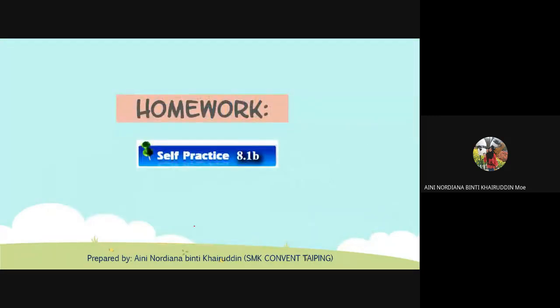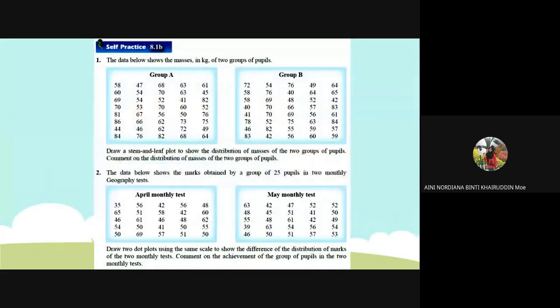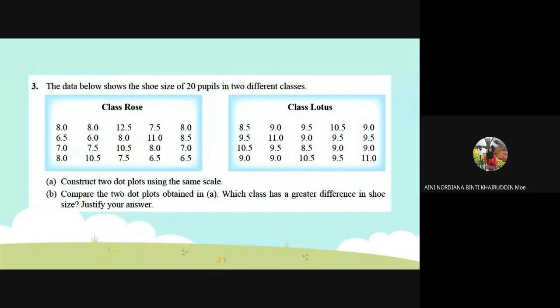Macam tu lah. So untuk soalan 2 tu komen macam tu, sebab ditanya on the achievement. Lebih kurang macam contoh tadi. Soalan ketiga pun nak 2 dot plot, lepas tu nak compare juga. So yang dot plot ni kena guna kertas graph. Kalau tak ada kertas graph, boleh je guna buku latihan tu. Tapi agak-agak lah pandai-pandai buat dia punya skala tu ya.